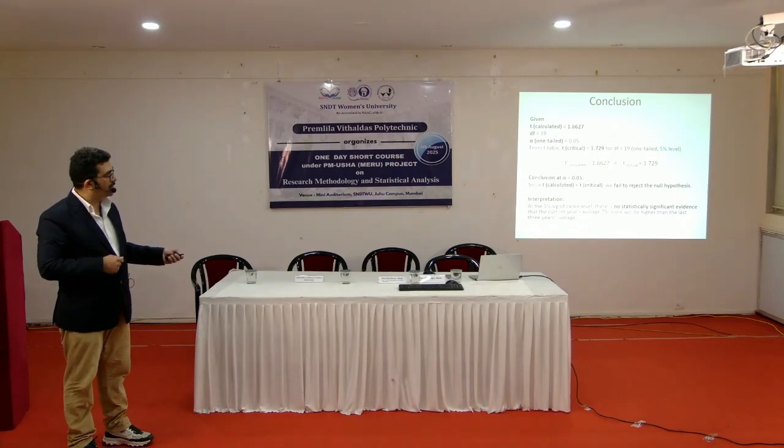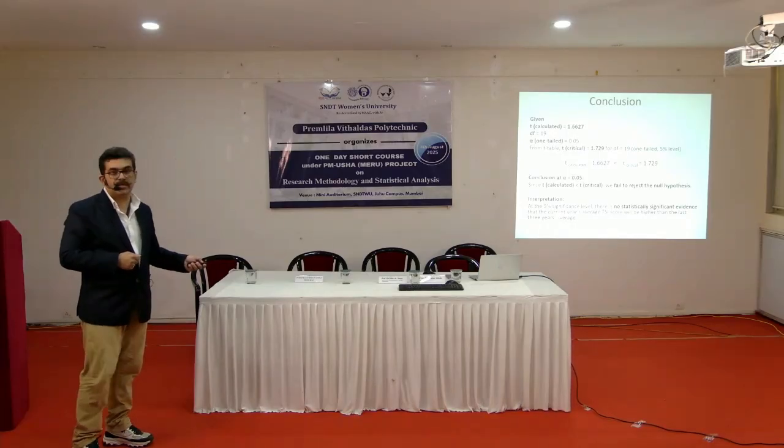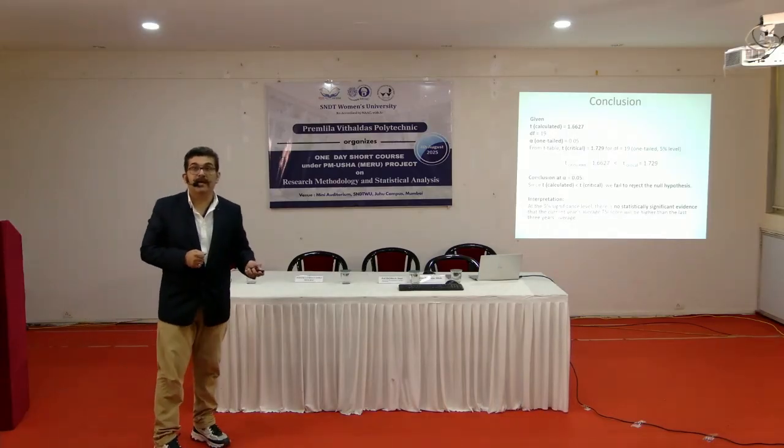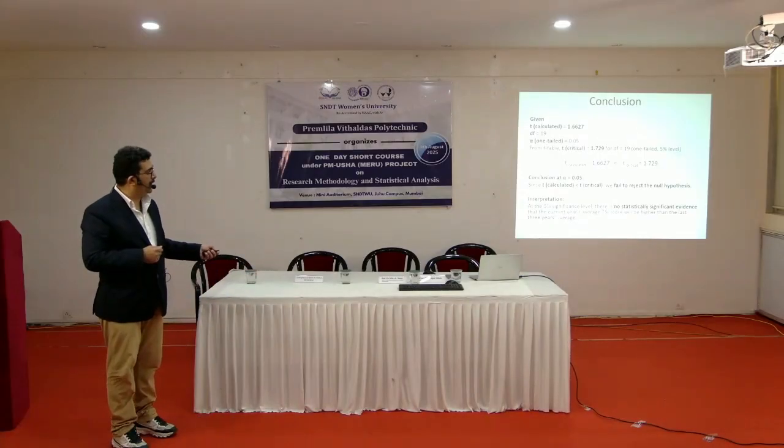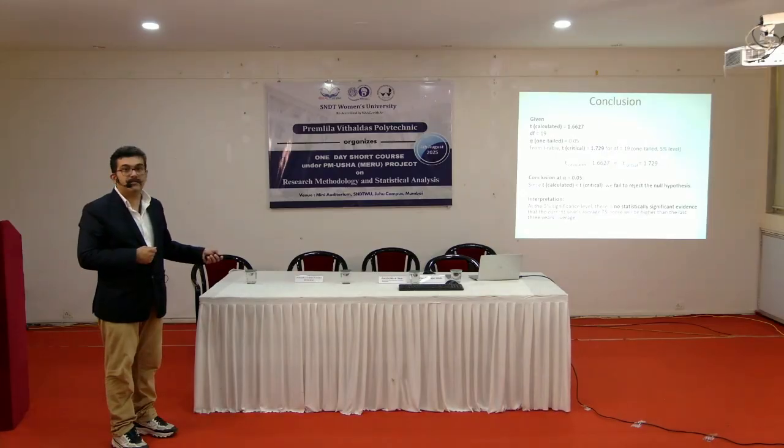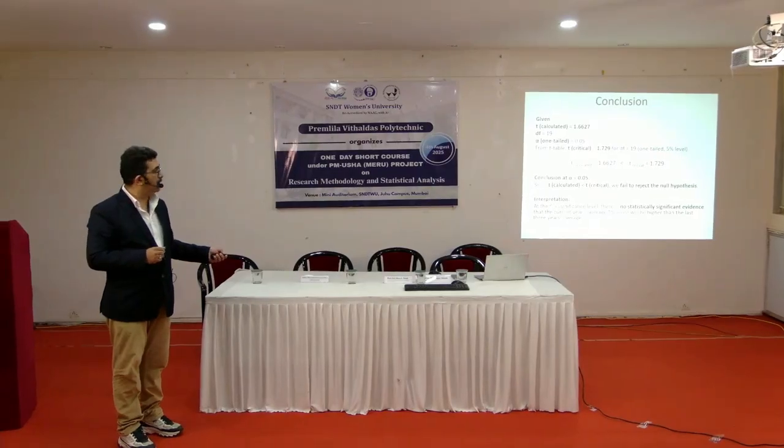Since t calculated is less than t critical, we fail to reject the null hypothesis. That means we have accepted the null hypothesis. So the interpretation is that at the 5% significance level, there is no statistically significant evidence that the current year average TSI score is higher than the last 3 years students' average.